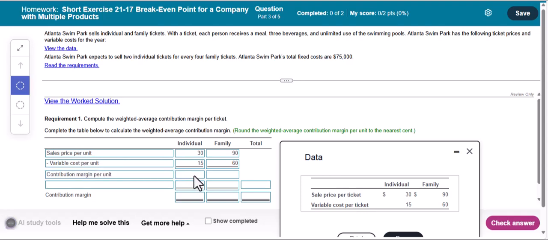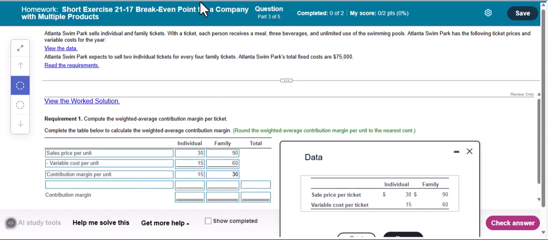So 30 minus 15 gives us $15 for the contribution margin per unit for individual, and 90 less 60 gives us $30 for the family ticket.